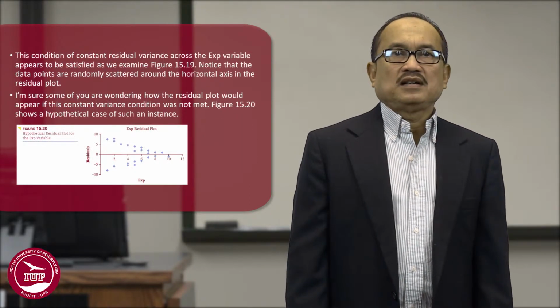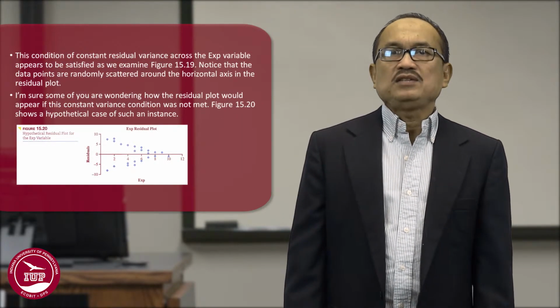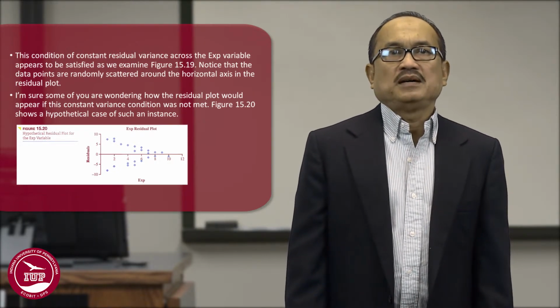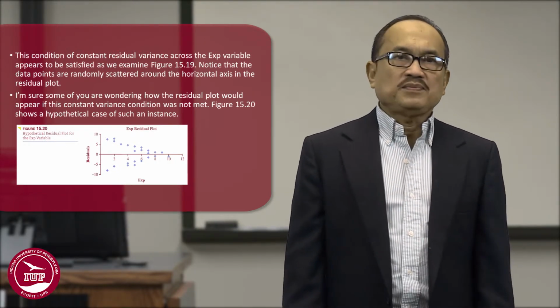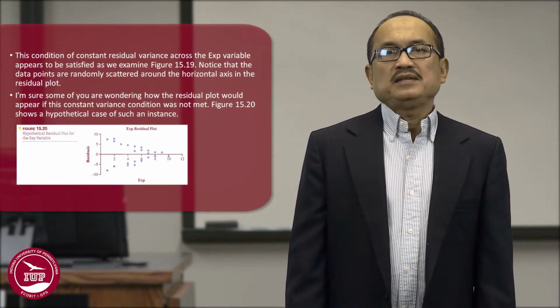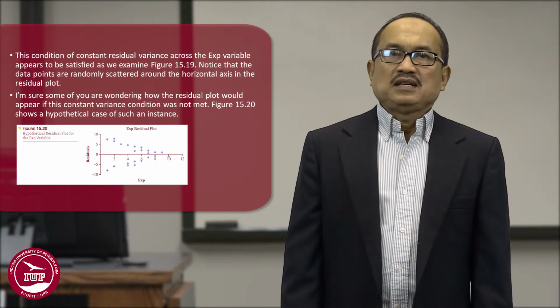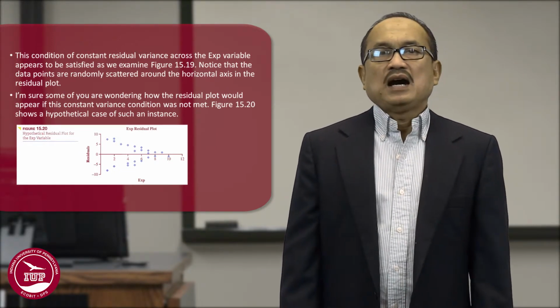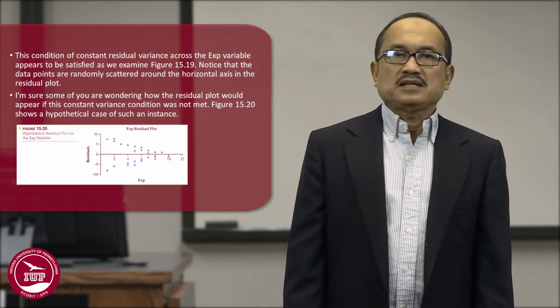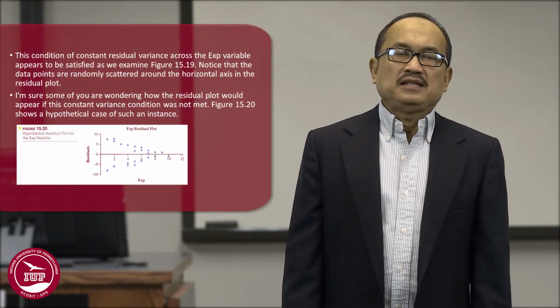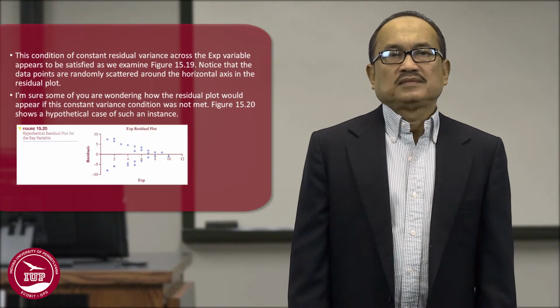This condition of constant residual variance across the exp variable appears to be satisfied as we examine figure 15.19. Notice that the data points are randomly scattered around the horizontal axis in the residual plot.